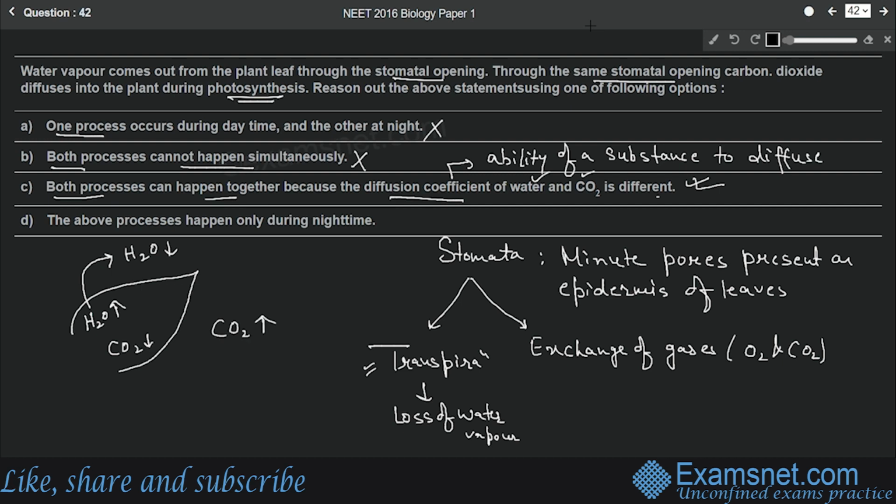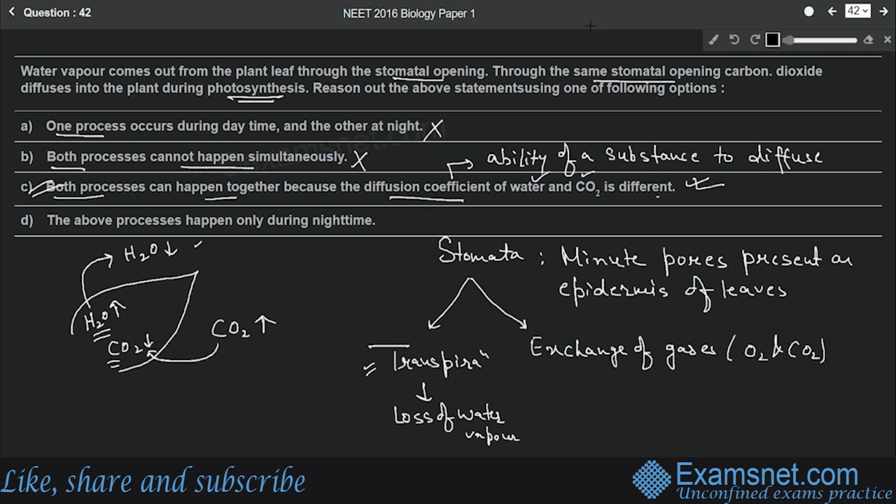Therefore, the carbon dioxide will move from outside towards inside, from high concentration to low concentration. So we can say that water and carbon dioxide have different abilities to diffuse, one outside and the other towards inside, right? So they have different diffusion coefficients. Okay, so this is the correct statement.